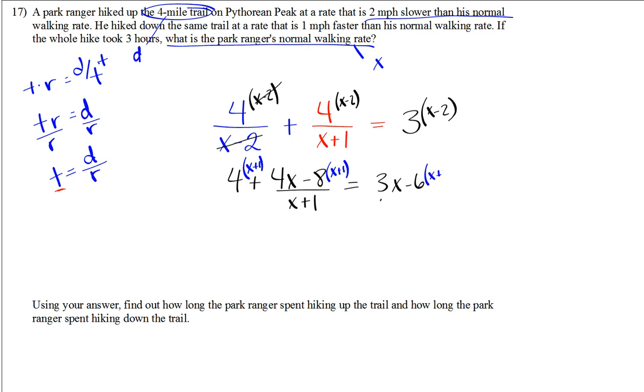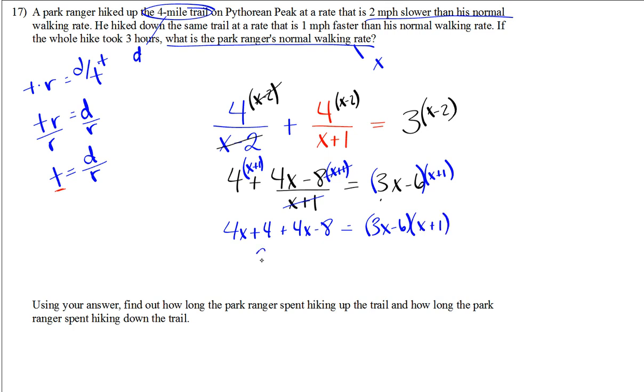This one and this one will divide out, leaving us with 4x plus 4 plus 4x minus 8 equals, and I'll point out that that whole thing is being multiplied by x plus 1, so (3x minus 6) times (x plus 1).